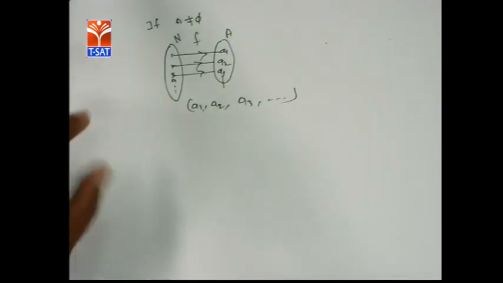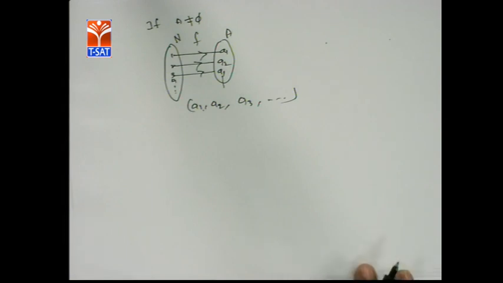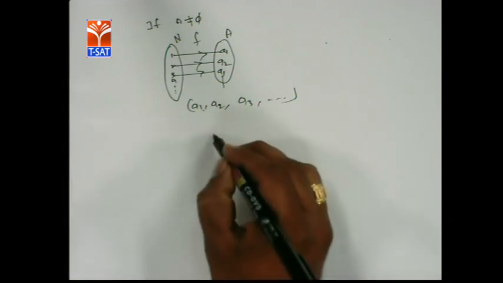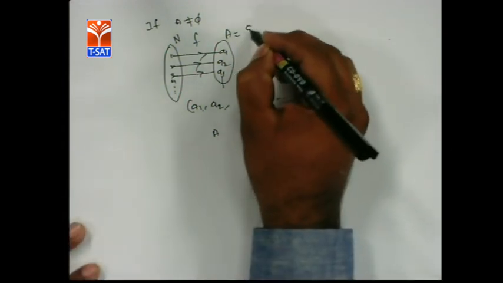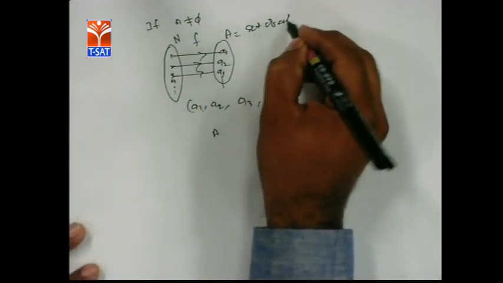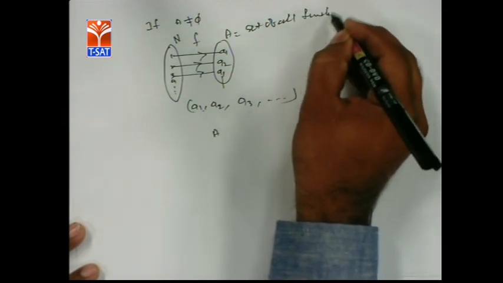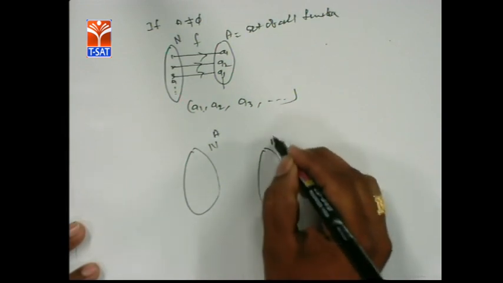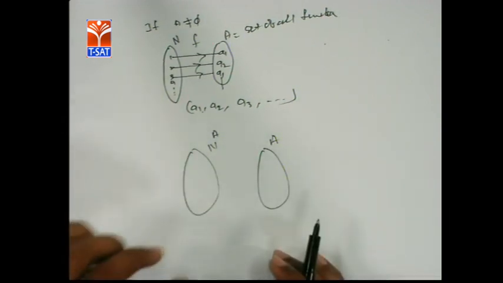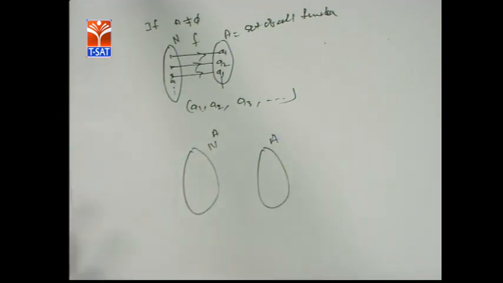Already we have discussed sequences of real numbers in the last class. Suppose A is the set of all functions, and consider the mapping from N to A, where N is the set of all natural numbers.